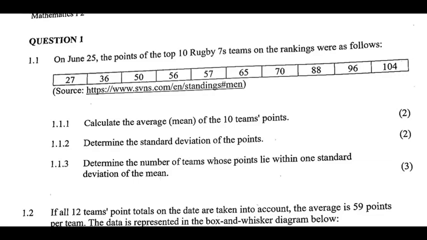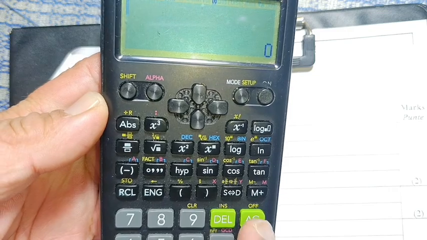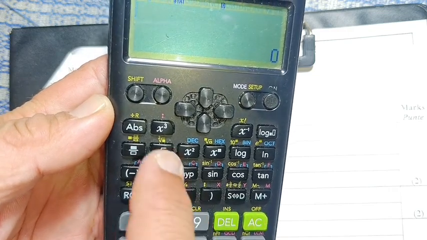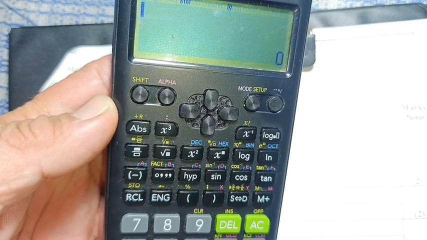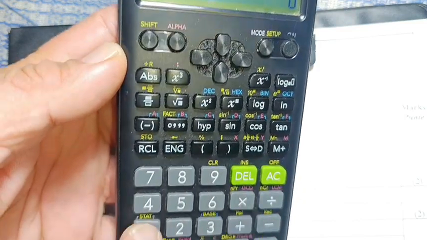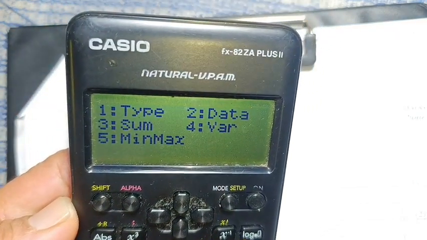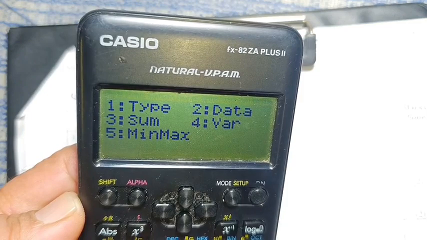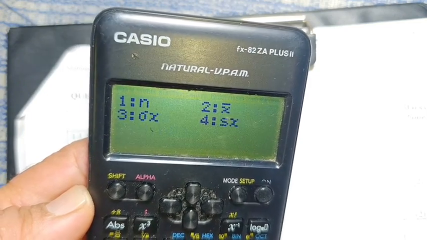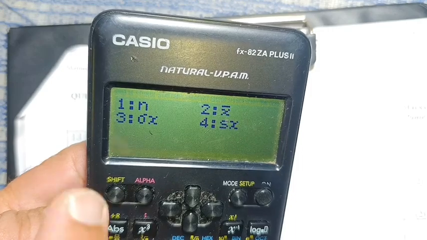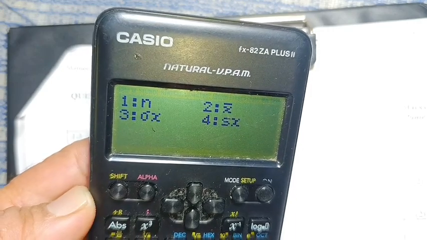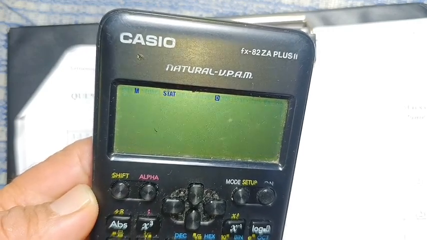The second question says determine the standard deviation of the points. Press AC again, then shift, 1 stat. It gives you all the options again. Go for number 4 variance. This time you want the standard deviation, so press 3 and equal.